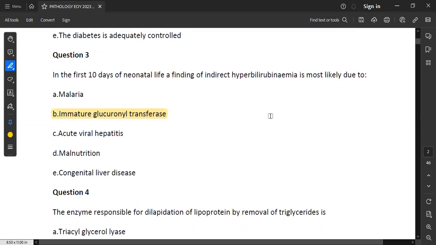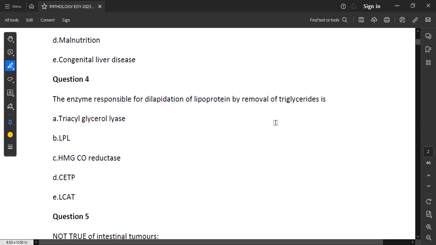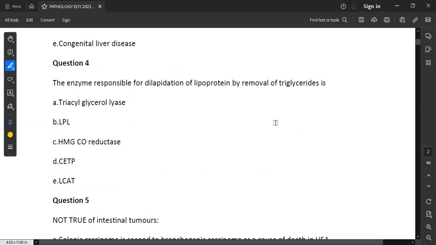Does anyone have a question? Okay, let's continue. Number 4, what do you think is the enzyme responsible for delipidation of lipoprotein by removal of triglycerides?